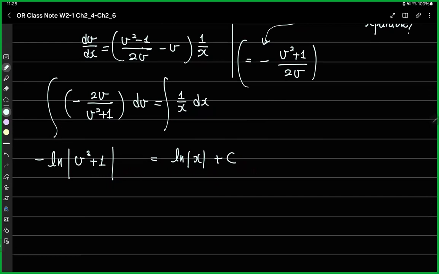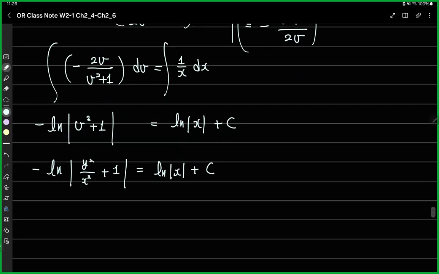Now what is v? v is y over x, so this is equal to minus natural log of y squared over x squared plus 1, equal to natural log absolute value of x plus C.